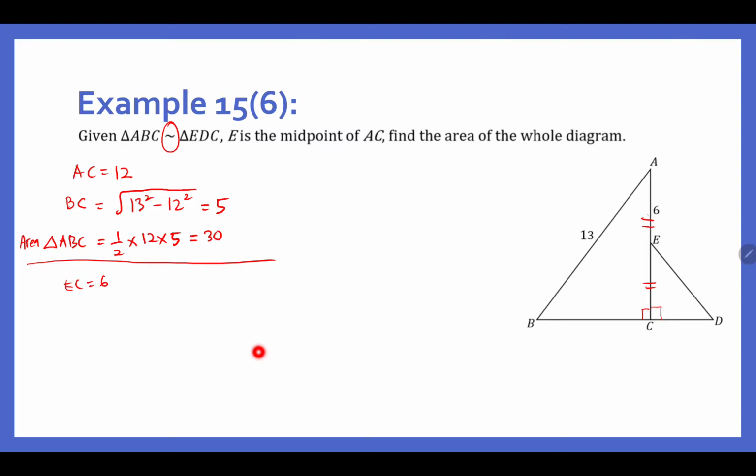Nak guna teorem Pythagoras? Tak boleh sebab kita tak tahu ED tu berapa. So, kita pakai info yang diberi kat sini. Both triangles are similar. Similar, so kita boleh buat proportional side dia. Okay, which is ED dengan AB proportional with BC AC.